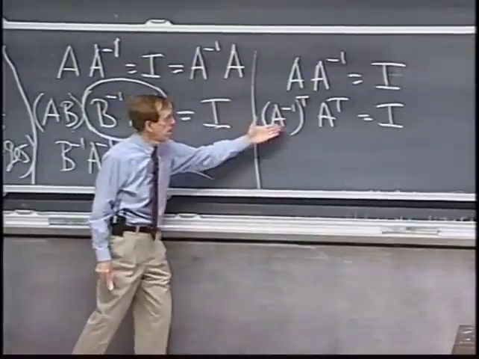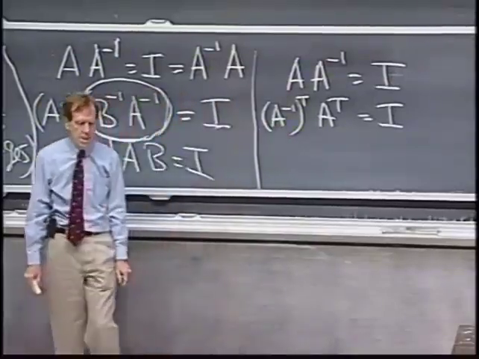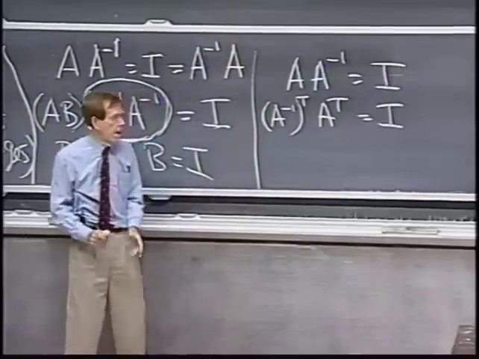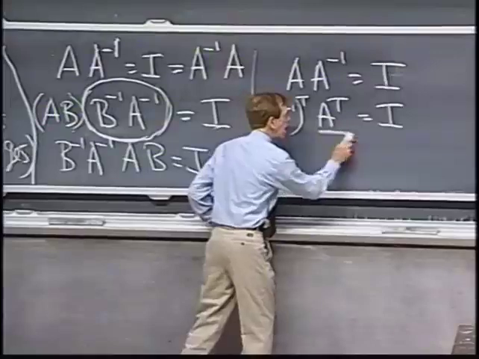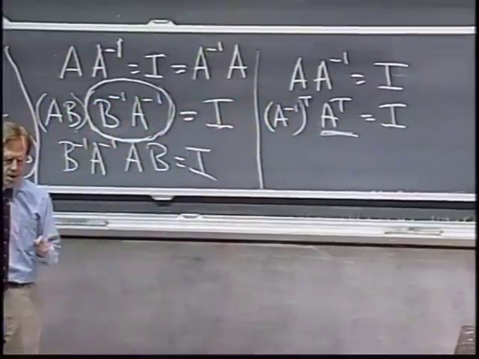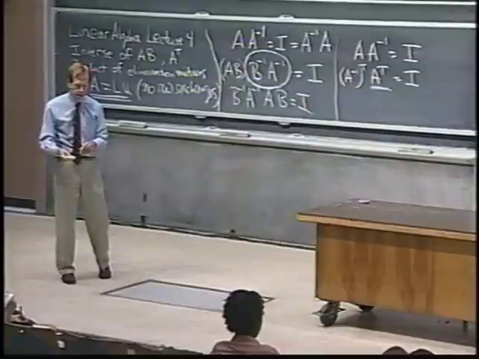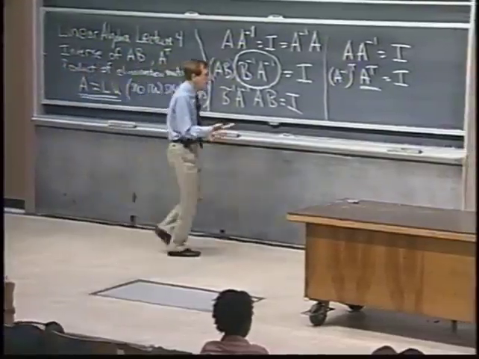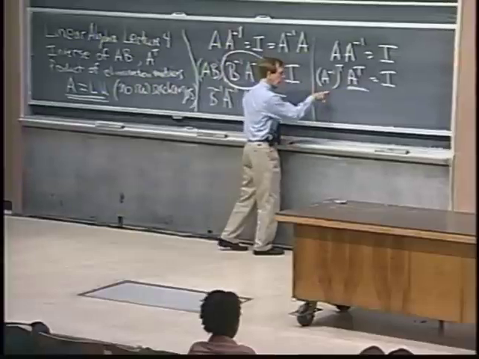So this equation comes directly from that one. But this equation tells me what I wanted to know. Namely, what is the inverse of this guy, A transpose? If I transpose a matrix, what's the inverse of the result? And this equation tells me that here it is.